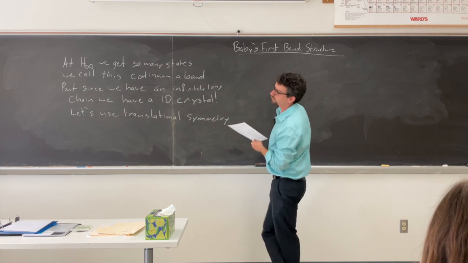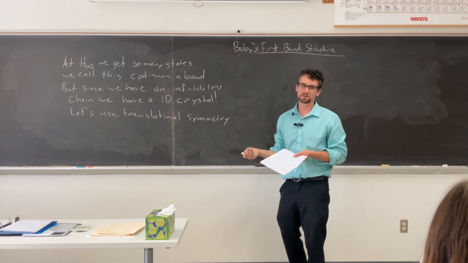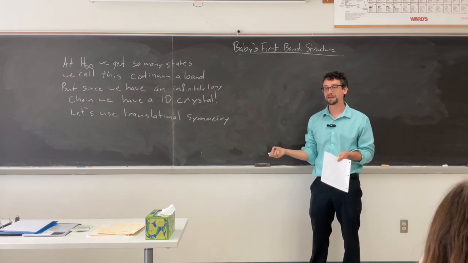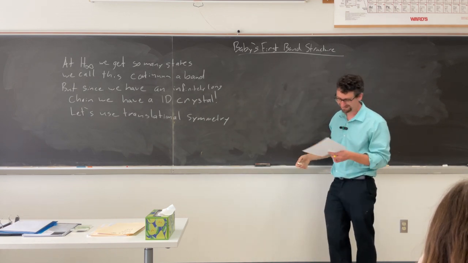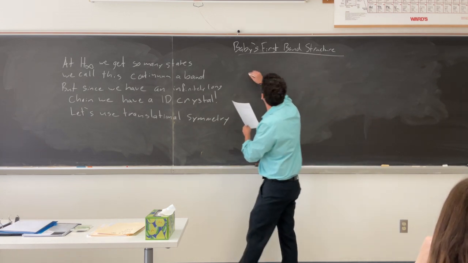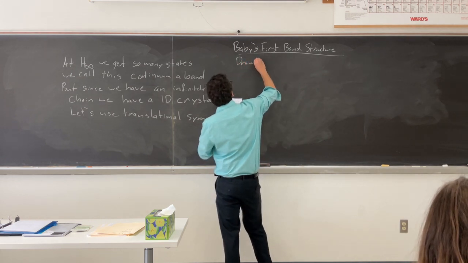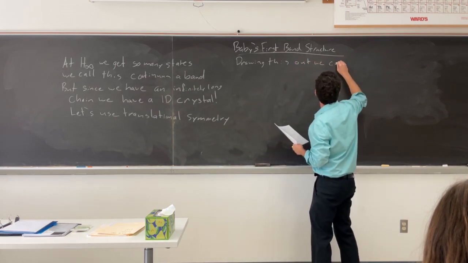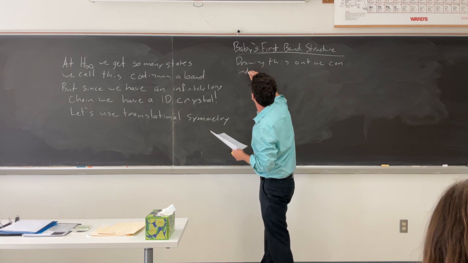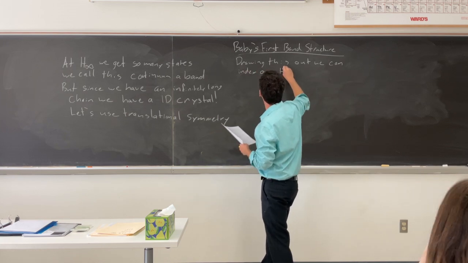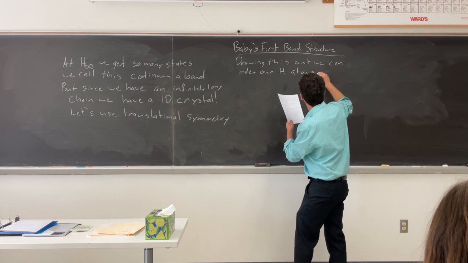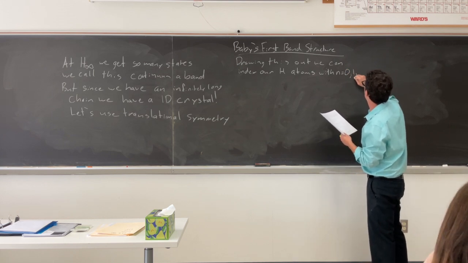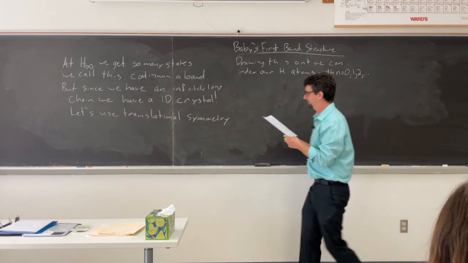Okay. So we're going to draw a crystal, a one-dimensional crystal. What's a one-dimensional crystal? A dot, a line of dots. We're drawing a line. We can index our H atoms with n equal to 0, 1, 2, and so on.